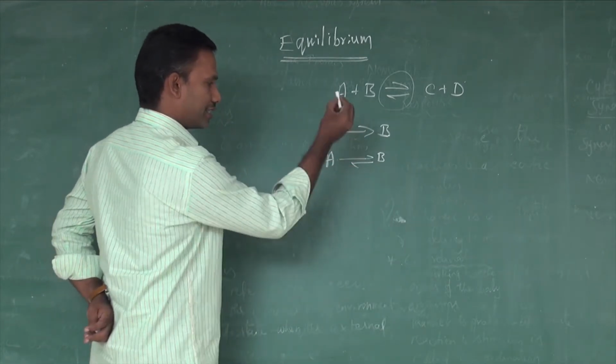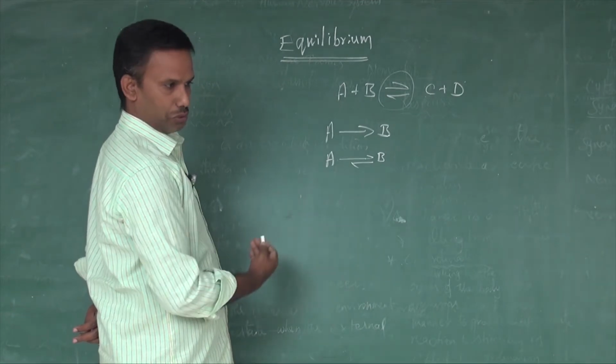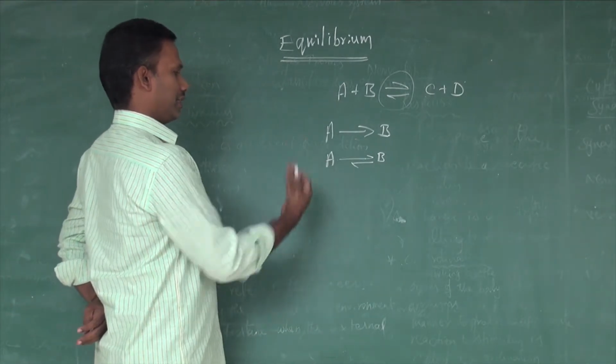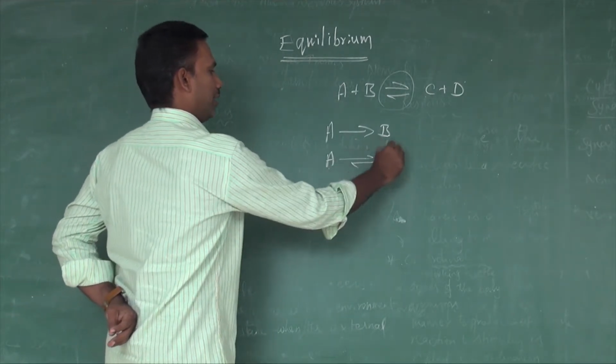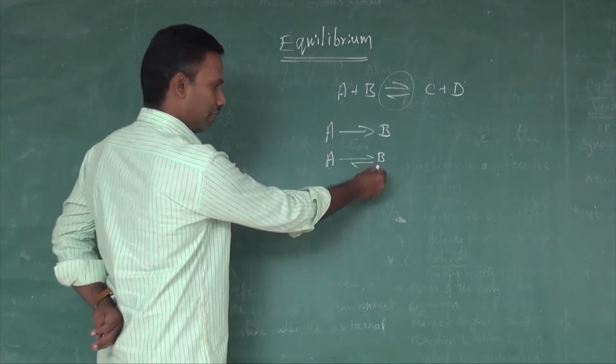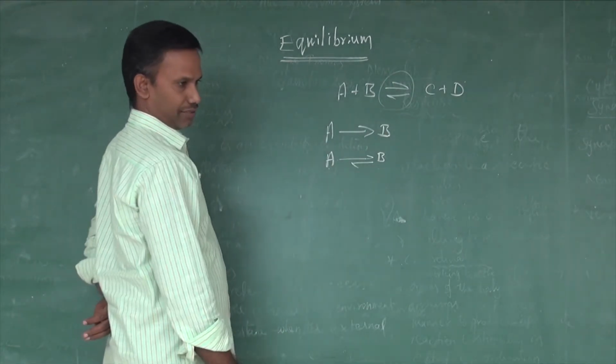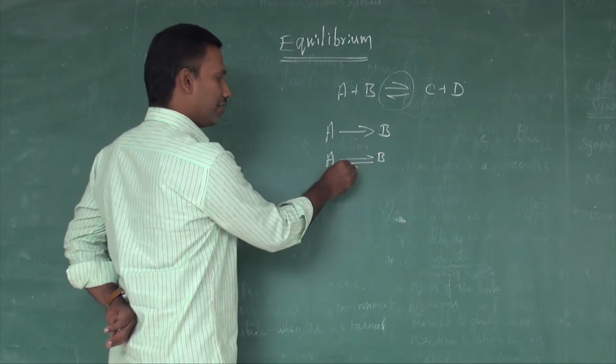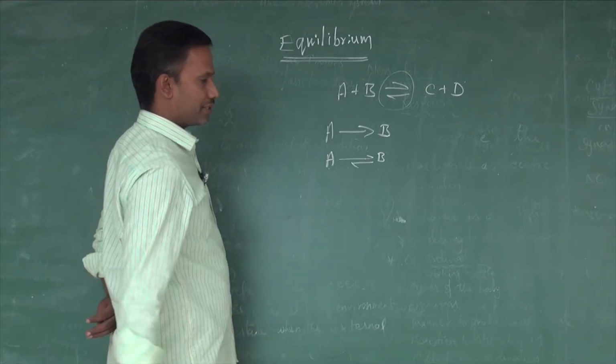In the backward direction the reaction goes very slow. In other words, more B is produced whereas less A is produced. So that is a reversible process but not an equilibrium process.